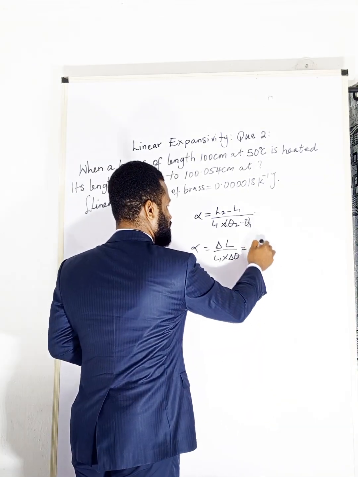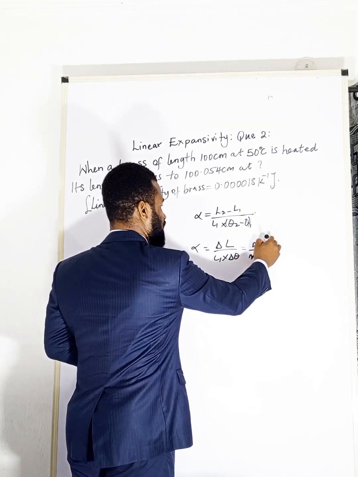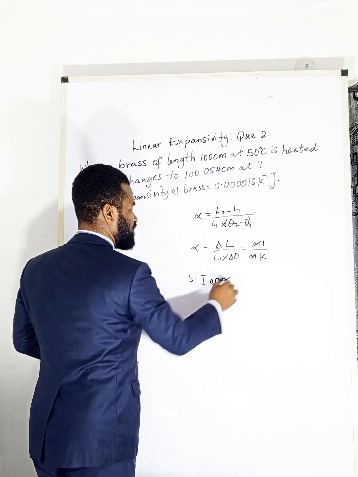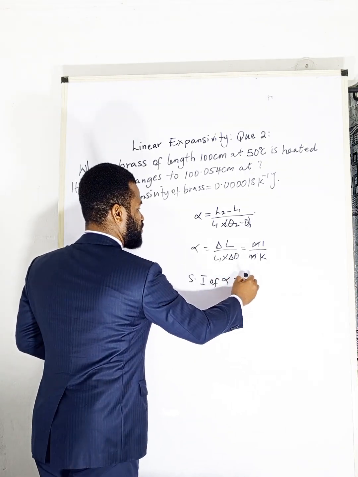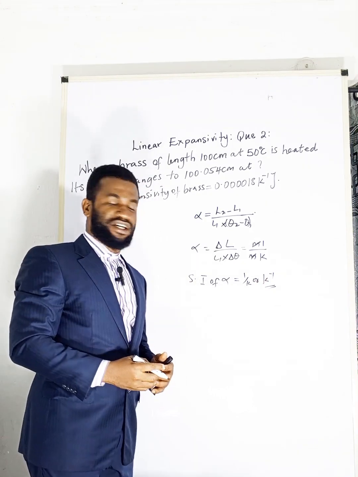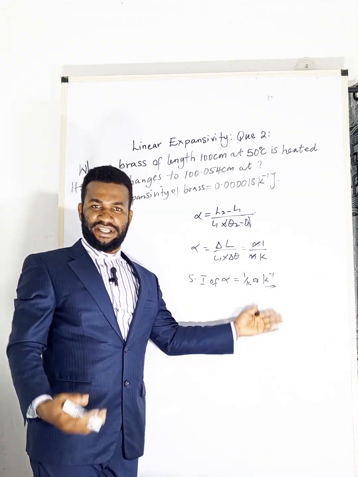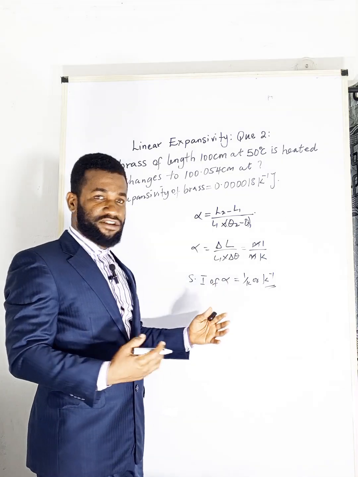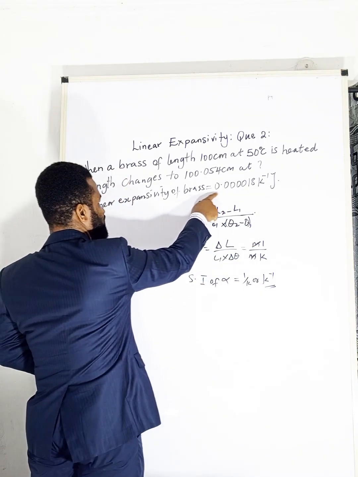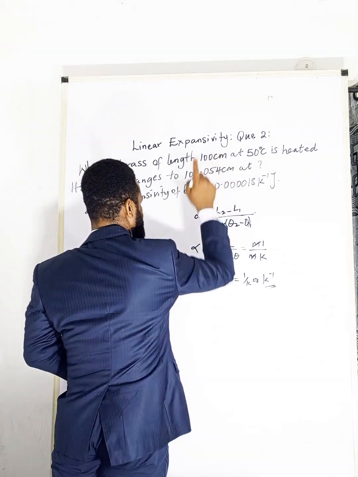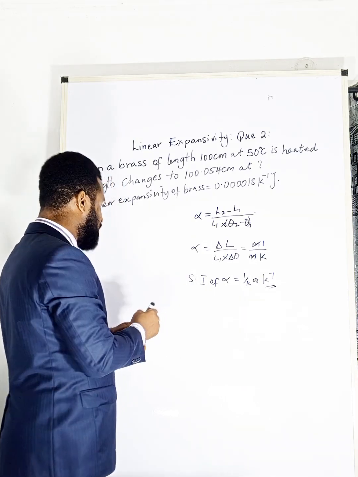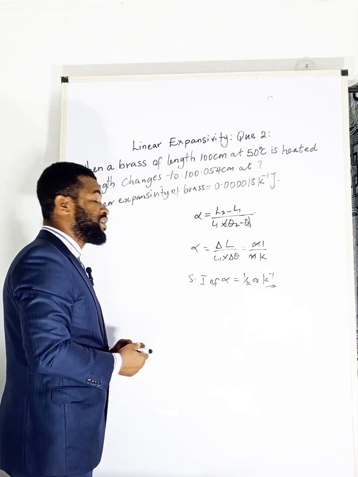So this cancels this, and I have 1 over K. Therefore, the SI unit of linear expansivity is given as 1 over K, that is per K, or K raised to minus 1. And that is why we say that linear expansivity of brass is 0.000018 per Kelvin.